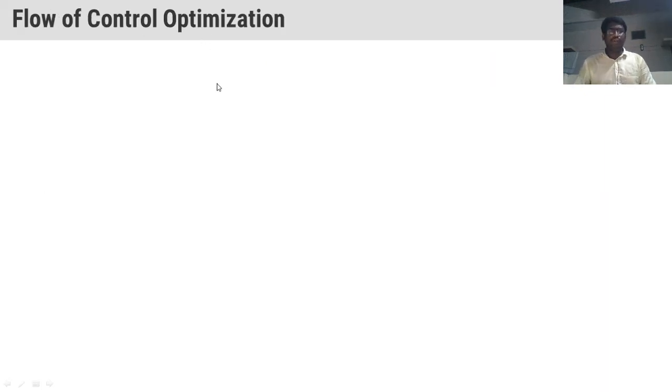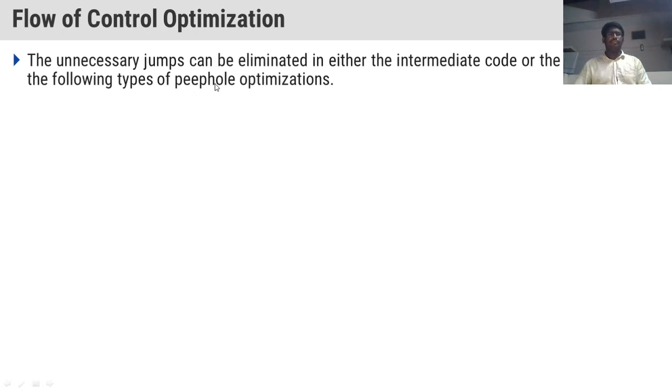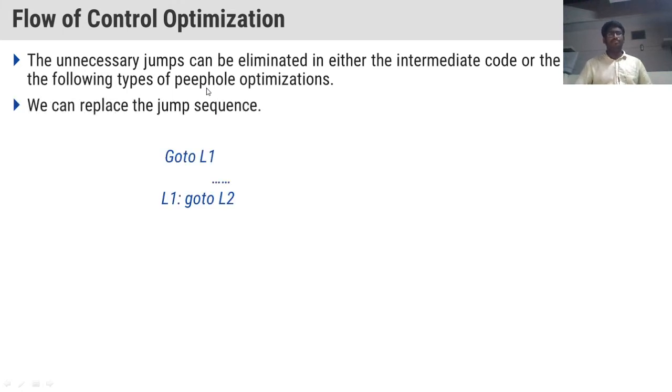Next one, flow of control optimization. Here we are going to eliminate unnecessary jumps. For example, the statement is go to L1, and at L1 the statement is given as go to L2. Instead of writing it indirectly, we can write go to L2 directly.